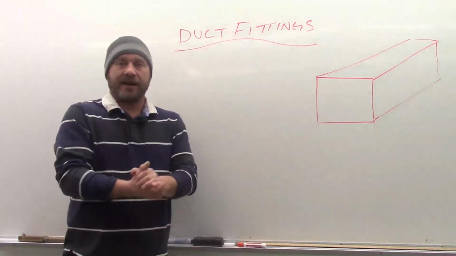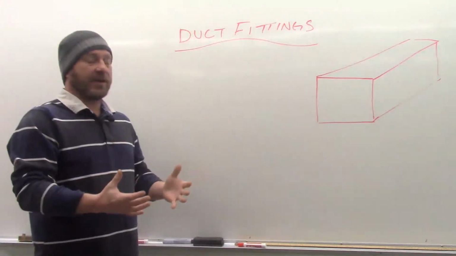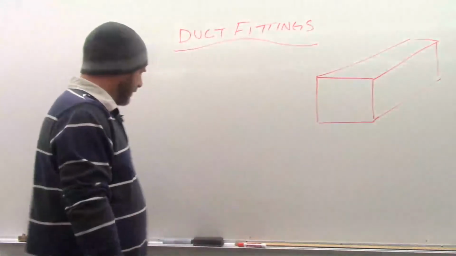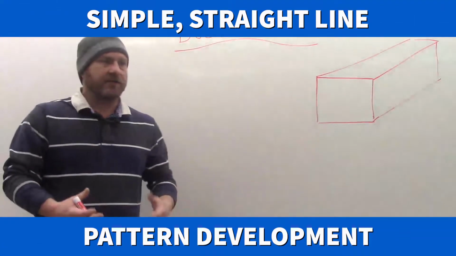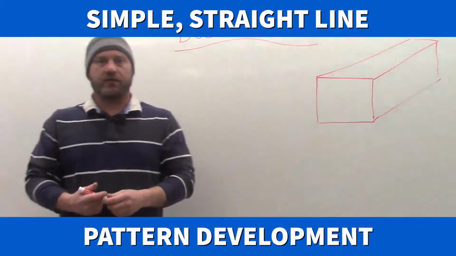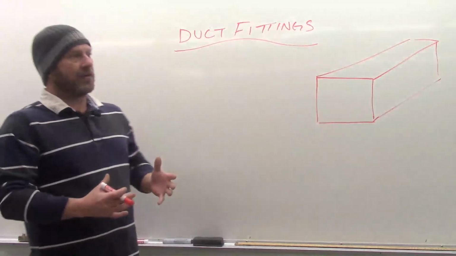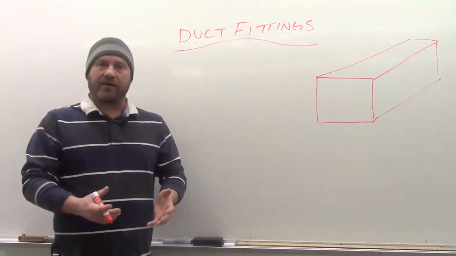Hi, today we're looking at layout of duct fittings, and we're going to start right at the beginning of just a straight piece of duct, so something like this. When we're talking about duct fittings or duct work, we're referring to simple or straight line pattern development, and there's really no real pattern development to it. We are creating a pattern, but it's a simple pattern.